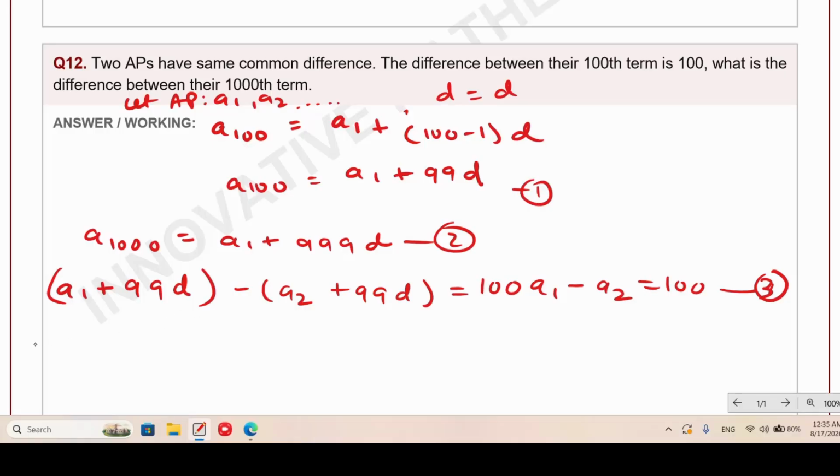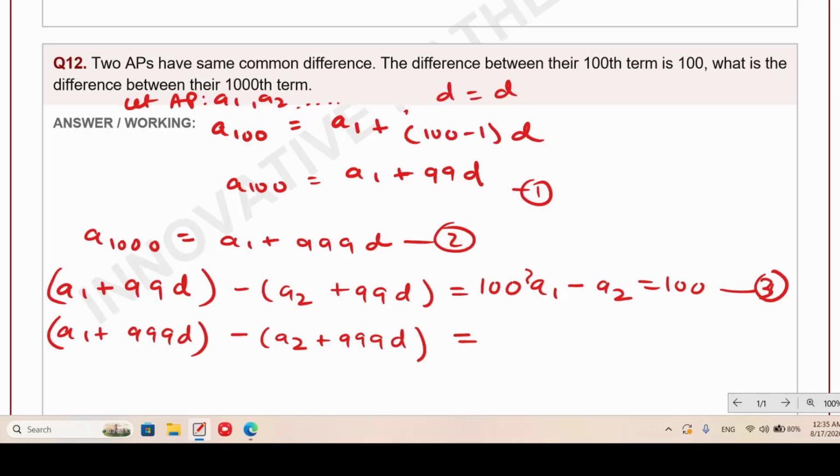In the same way, A1 plus 999D minus A2 plus 999D is equal to A1 minus A2, right?